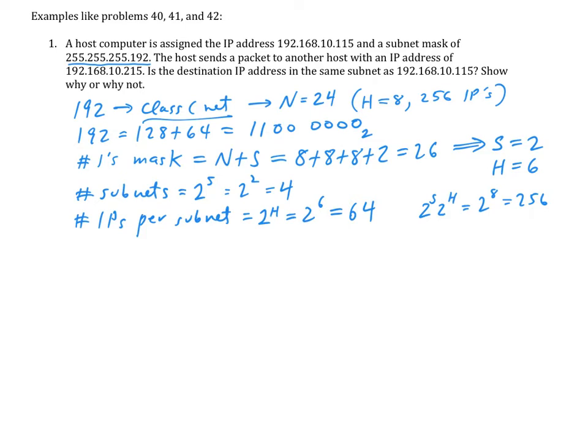If we're going to divide that space into 4 groups of 64, and everything is happening in that last octet of the IP address, we can write down the subnet IP ranges.